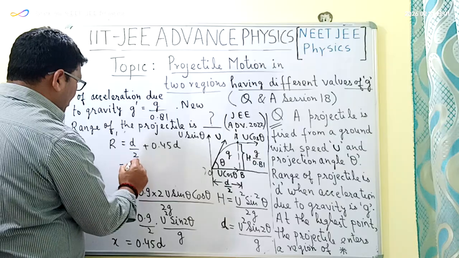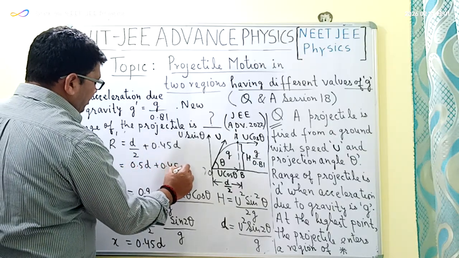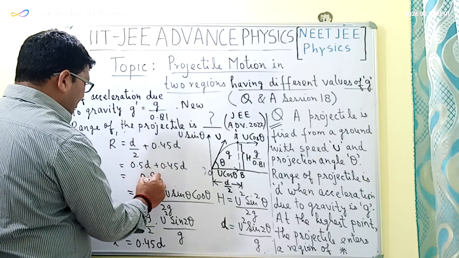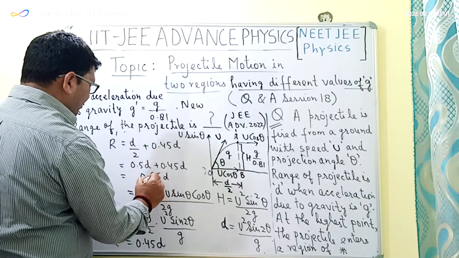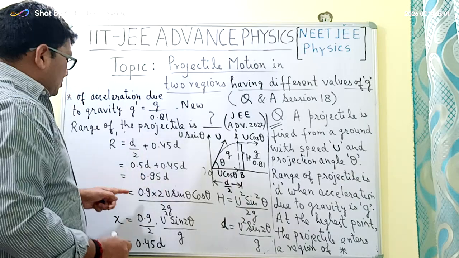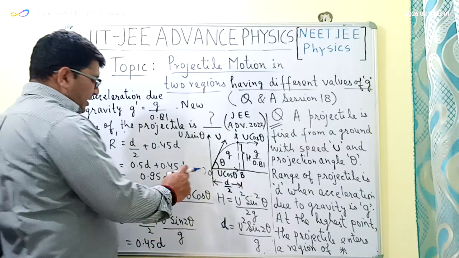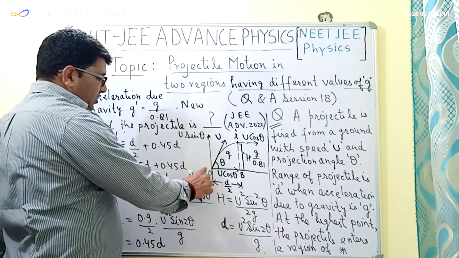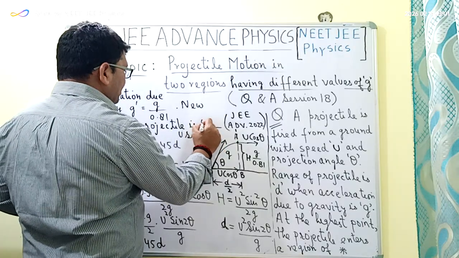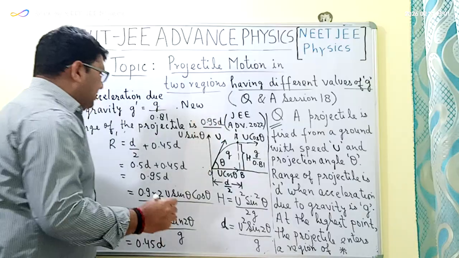This is equal to 0.5 d plus 0.45 d, which is equal to 0.95 d. So the new range will be equal to 0.95 d, and this is the answer of this question.